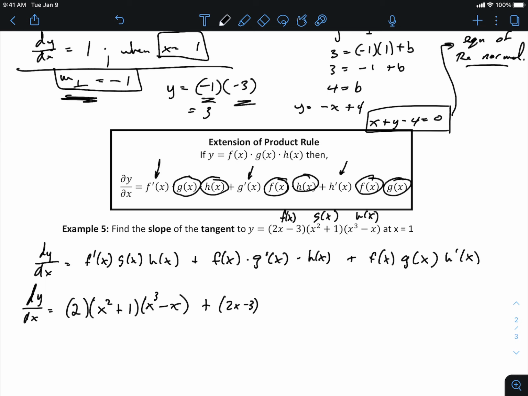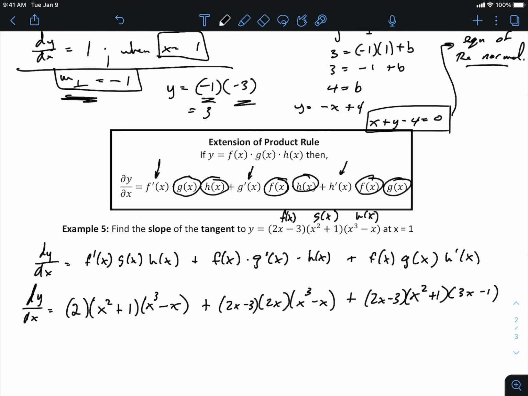Derive g of x, 2x. And then h of x is the original h of x function, x cubed minus x, plus f of x, again 2x minus 3, x squared plus 1. And now we get to derive h of x, which is going to be 3x squared minus 1.